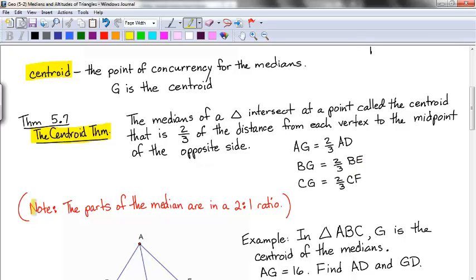Now, we've already talked about it, but the parts of the median are in a ratio of 2:1. The longer part is 2/3 of the whole thing.